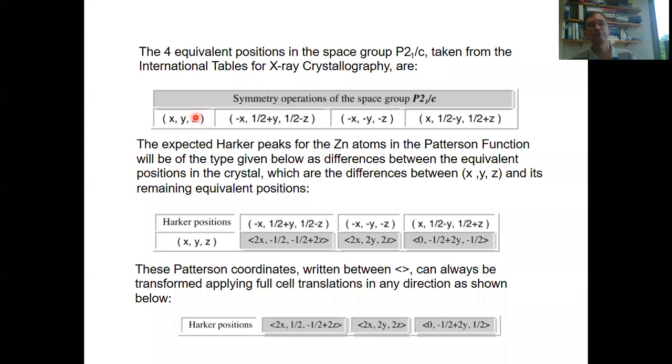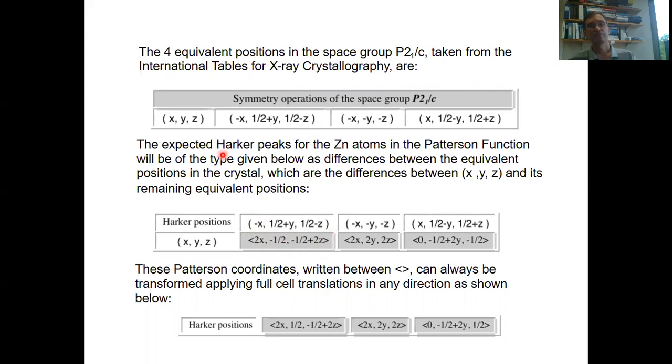Sorry, z minus a half minus minus z, so that gives minus a half plus 2z. So now we see that this is a Harker plane because x and z are variable while y is actually fixed.